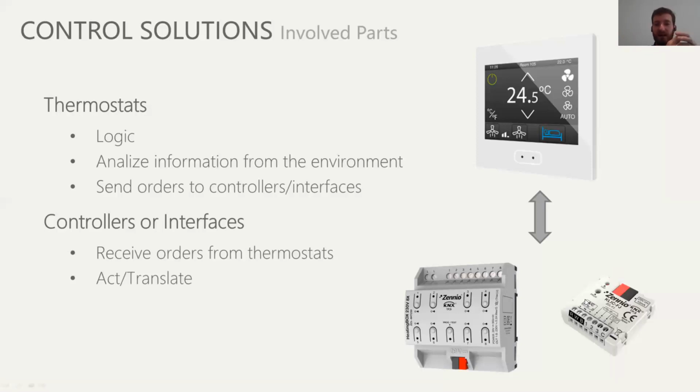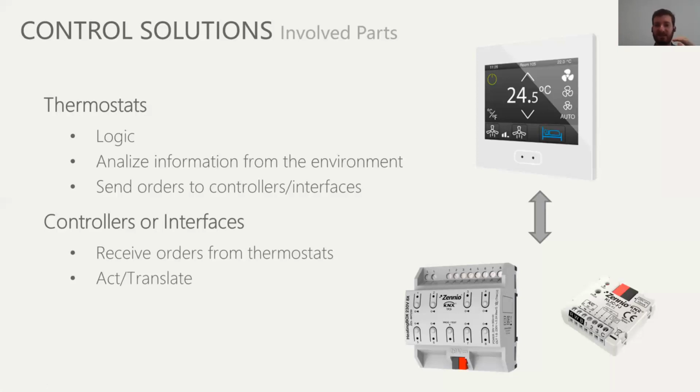So what an interface is doing is, say the thermostat says I want to get 25 degrees or I want to turn on the unit, and the interface will translate the KNX 1 bit on to Fujitsu or Toshiba or Daikin or whoever that is, turn on the AC unit, and that will be turning on the unit.